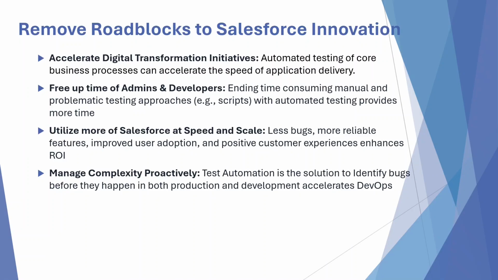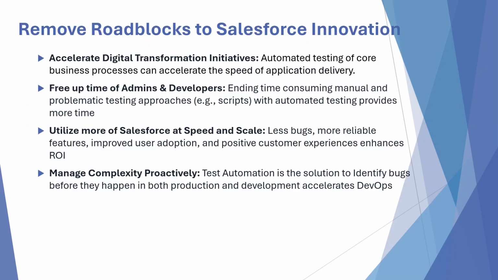Our next agenda is how can we remove roadblocks to Salesforce innovation. So we have discussed a lot of challenges and roadblocks till now, right? So how can we remove those roadblocks? Accelerate digital transformation initiatives. Automated testing of core business processes can accelerate the speed of application delivery.